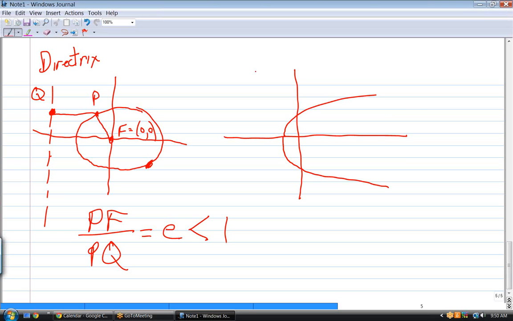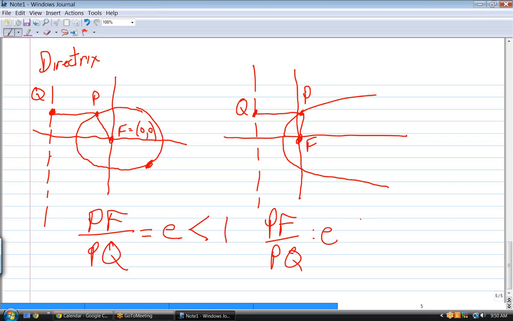And of course, the directrix, even in pre-calc, is always there, outside. And there's Q, there's P, and there is F. And PF is equal to QP. So PF over PQ is equal to E, which is equal to 1.